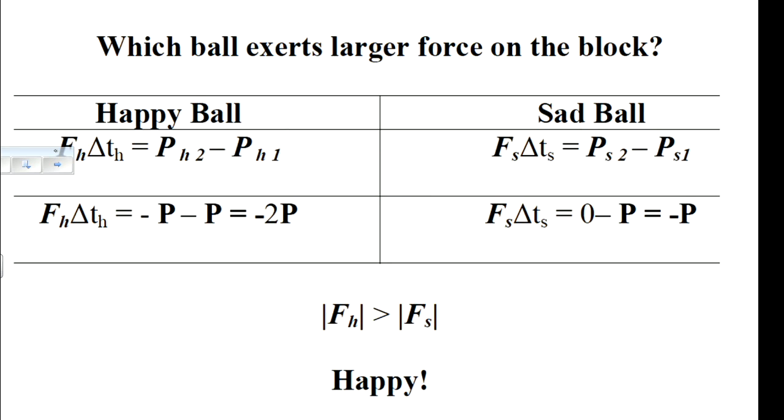That solution remains correct for the happy ball. When the object bounces back, the final momentum is not zero. When the object doesn't bounce back, the final momentum is zero. So in this situation, the force exerted on the ball or by the ball is actually doubled relative to this situation.